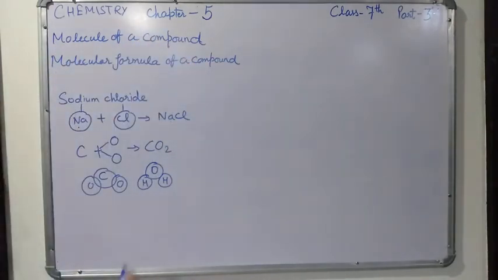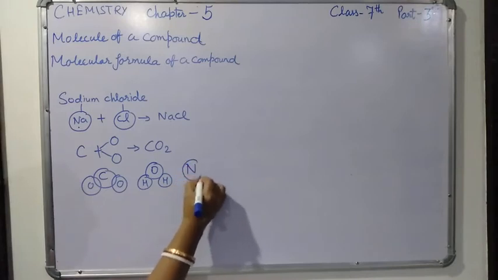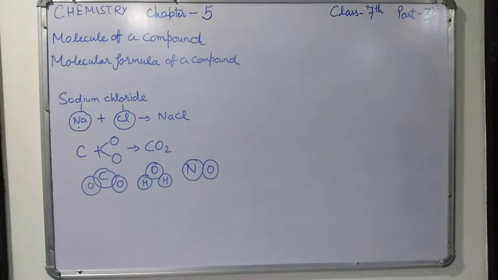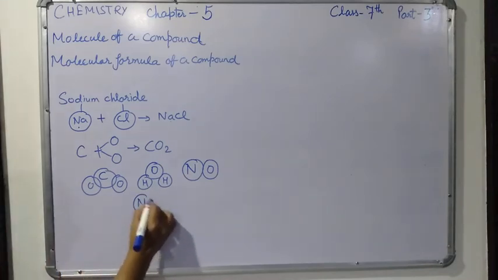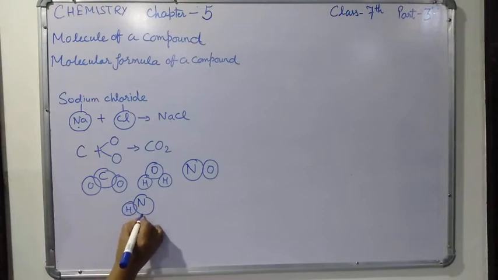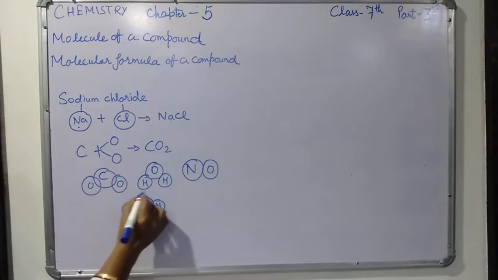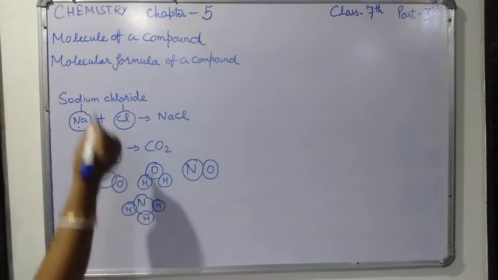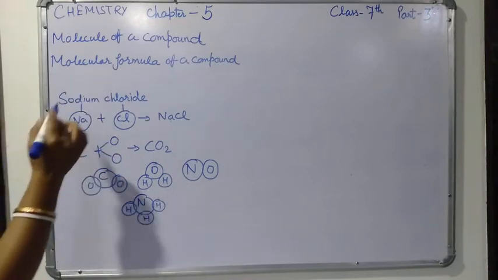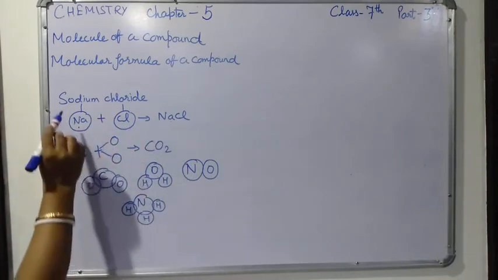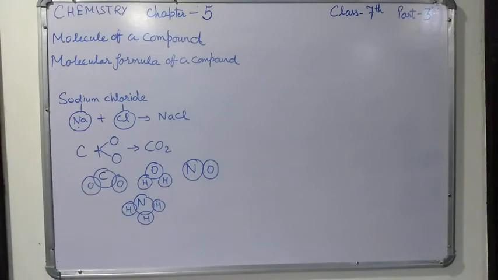Nitrogen oxide, when one atom of nitrogen is combining with one atom of oxygen. Ammonia, when one atom of nitrogen is combining with three atoms of hydrogen, it forms ammonia. Ammonia is a compound.